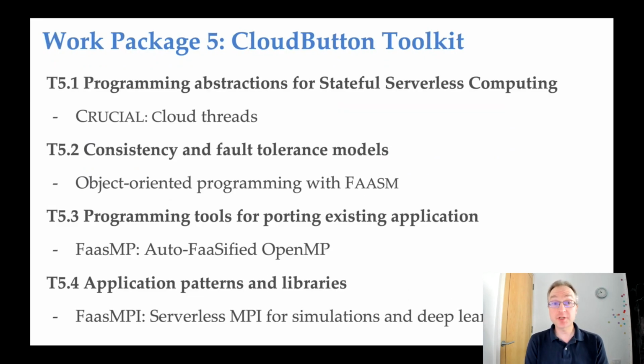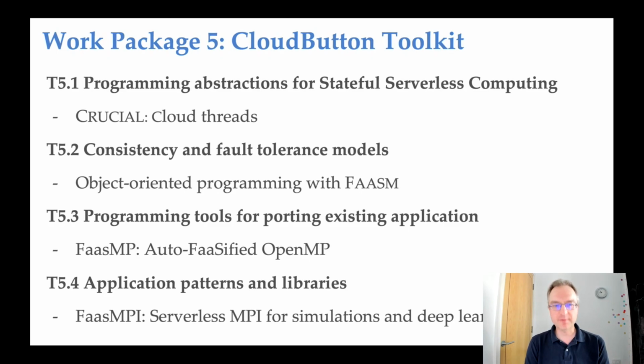Okay, so what's the structure of Work Package 5? Well, we have task 5.1 that looks at programming abstractions for stateful serverless computing, and there I'm going to talk about Crucial and the idea of cloud threads. We have 5.2 that looks at consistency and fault-tolerant models, and there I'll discuss how Faasm enables different levels of consistency and fault tolerance.